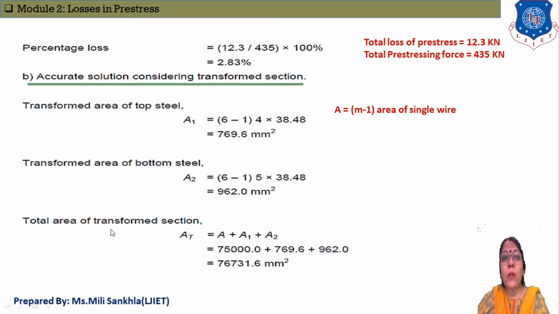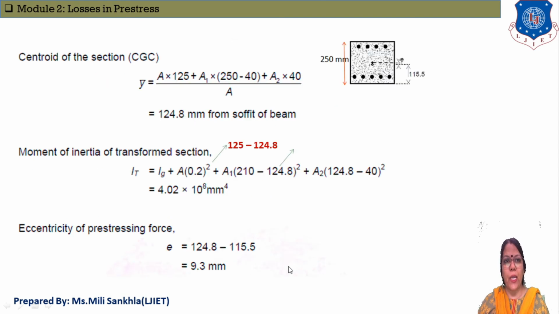Now total area of transformed section, pre-stressing steel to concrete, is equal to first of all our gross area of section, that is 250 into 300, 75,000, that we already counted, plus A1 top steel 769.6 and bottom steel 962. That means area AT is equal to 76,731.6 mm square.